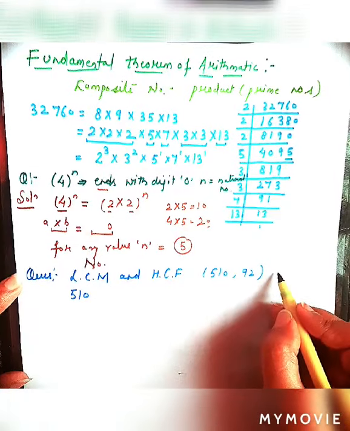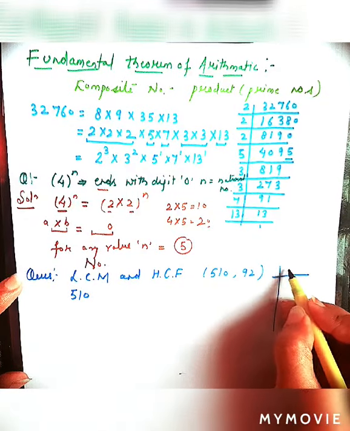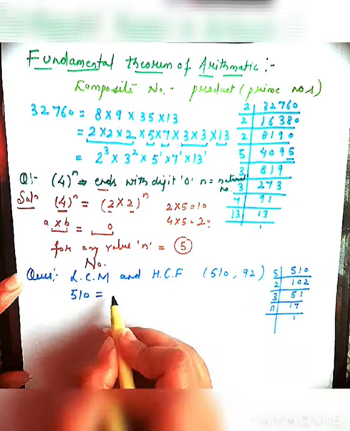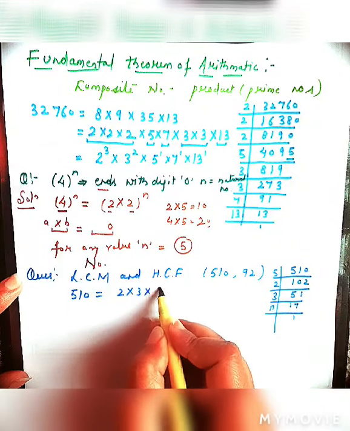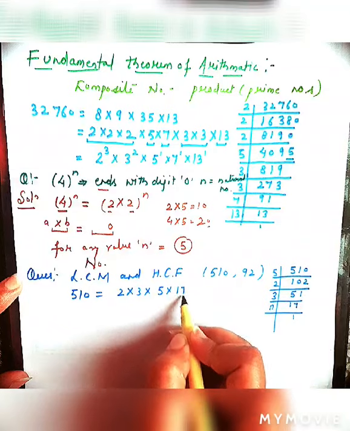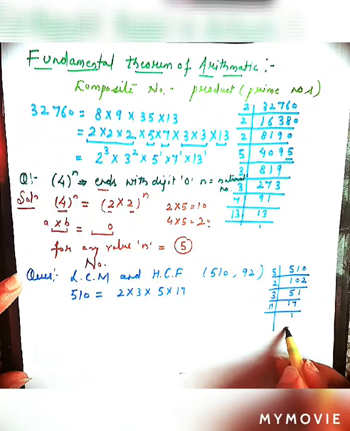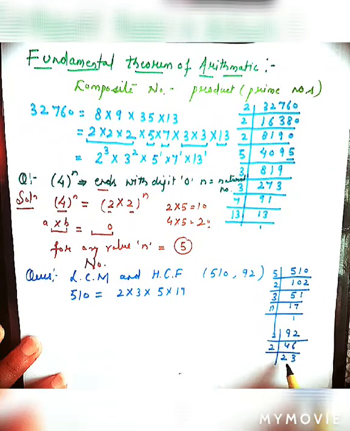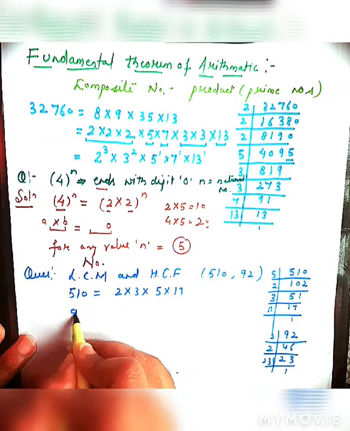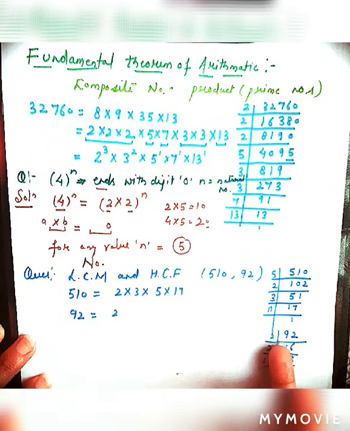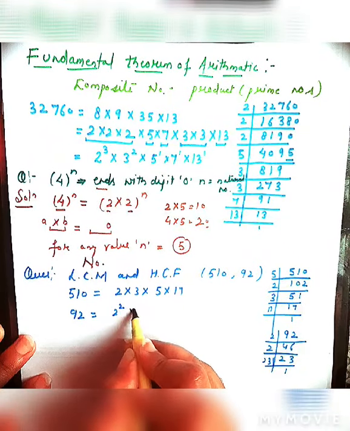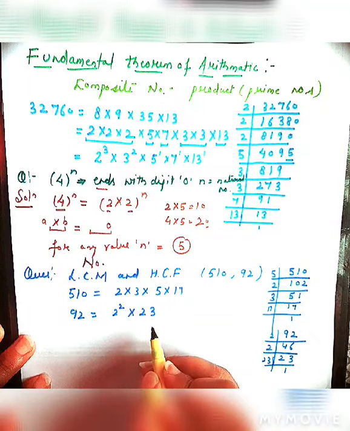Again, in this way we will make a table of factors of 510: 2 into 3 into 5 into 17. Again, for 92, 92 can be written as 2 raised to power 2 multiplied by 23.